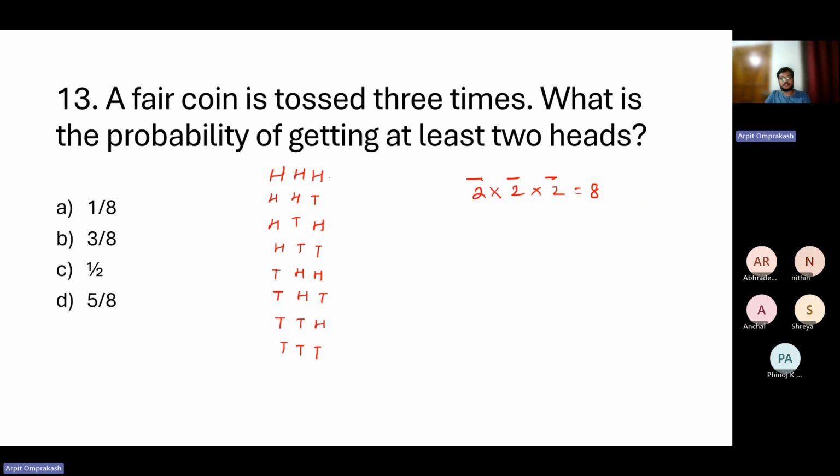So we are getting 3 here, 2 here, 2 here, 2 here. We have 4 cases. Probability of getting at least 2 heads is equal to 4 divided by the total number, which is 8, which is 1 by 2. The answer here is option C, 1 by 2.